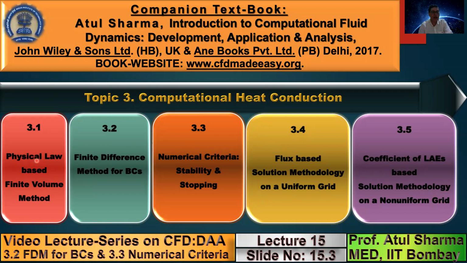Note that the algebraic formulation was presented in the previous lecture for the internal grid points, whereas in this lecture, the algebraic formulation will be presented for the boundary grid points, which are represented by blue circles. So we had used finite volume method to derive algebraic equation for yellow circles, and in this lecture we will derive linear algebraic equation for blue circles using finite difference method.